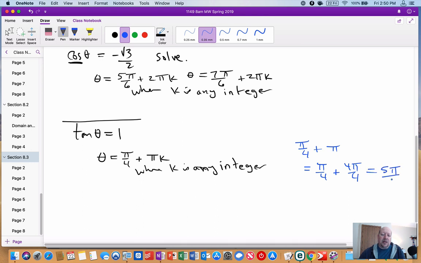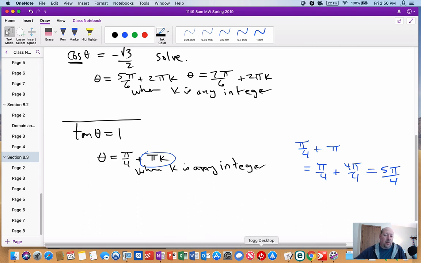Since tangent, and actually the same would be for the cotangent, repeat more frequently than sine and cosine, you're going to duplicate things here if we try to keep going by increments of 2 pi.